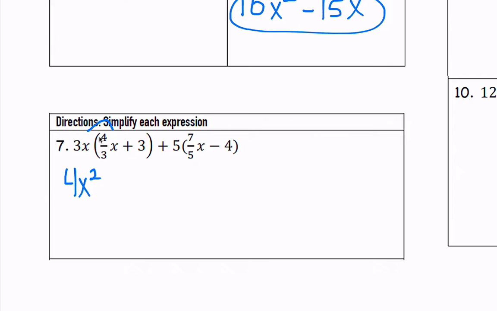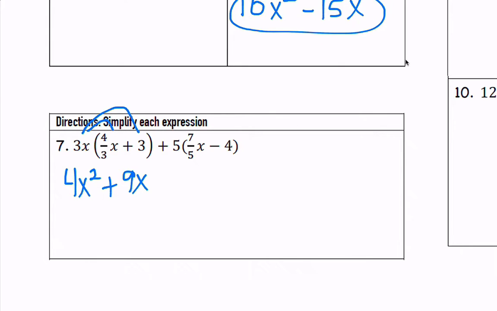So 3x times 4/3 x is 4x squared. Now I'm going to take this 3x and multiply it by 3. 3x times 3 is a positive 9x. You see here how there were two x's, so we said x squared. And between these two, there's only one x, so only put one x.